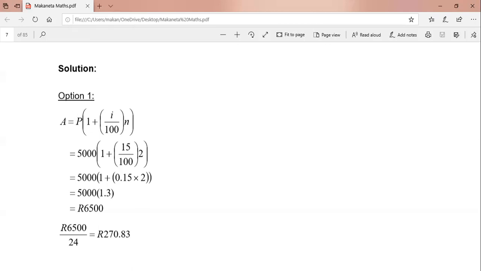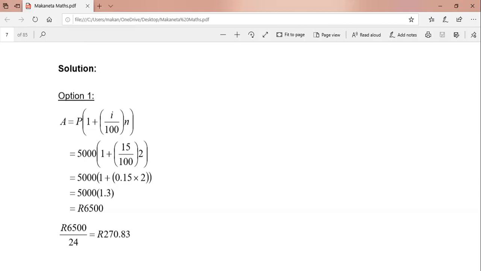Remember, this is at an interest rate of 15%, which is a simple interest rate. So the simple interest there is 15%, which looks bigger than the 5% compound interest. So now we are going to demonstrate that option 2, which was selected by Thabo, was not the right option, in a sense that in option 1, Thabo would have had to pay 270 rands and 83 cents.